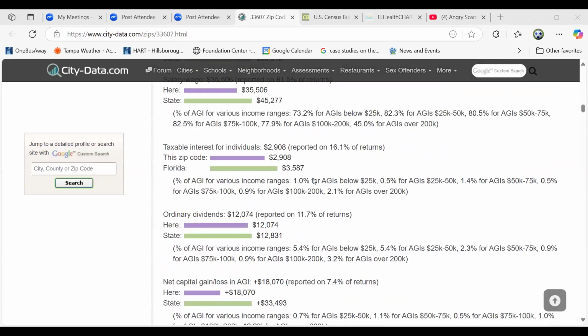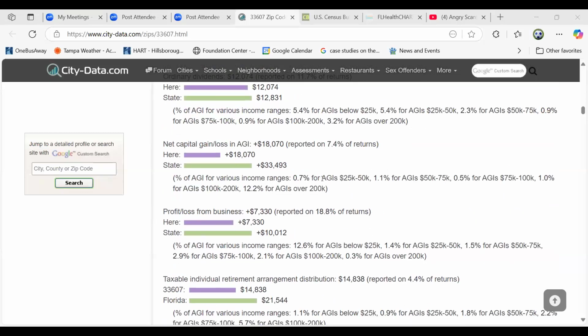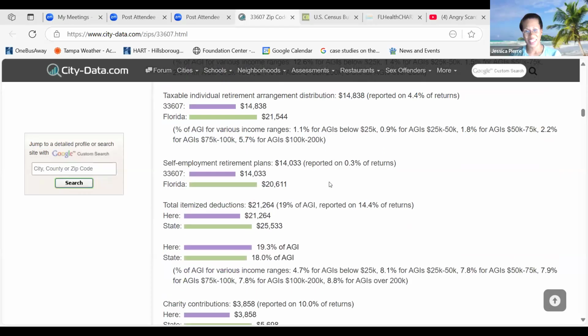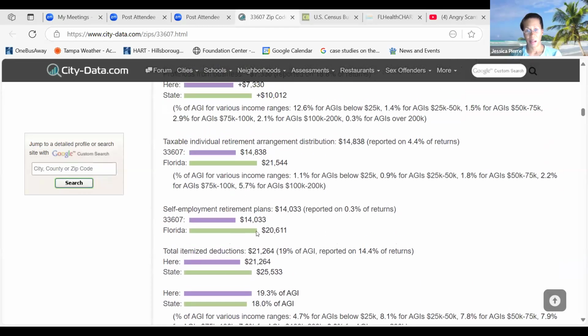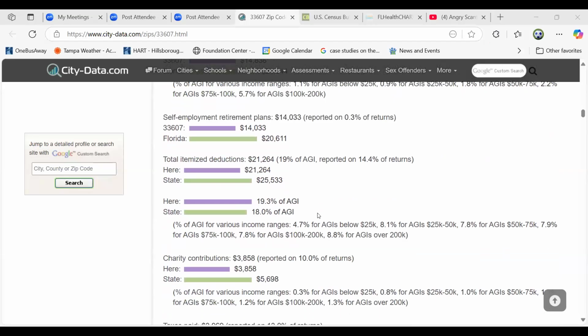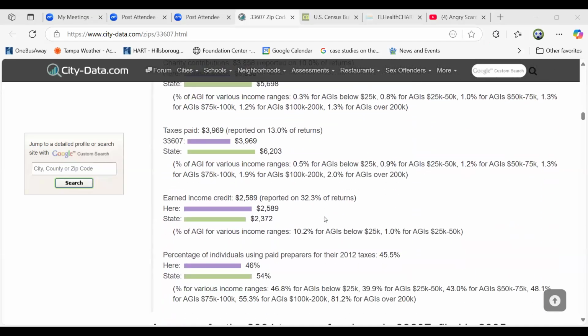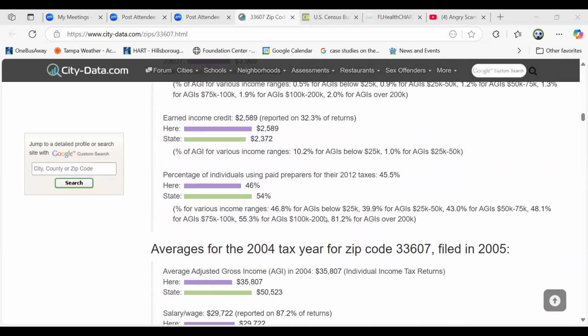Let's go down some more. This will give you more information than you will ever need. But nevertheless, for example, if you're trying to find out how many people are self-employed, how many people have a retirement plan, you can break that down. All this information is going to be relevant. Taxes, earned income credit.